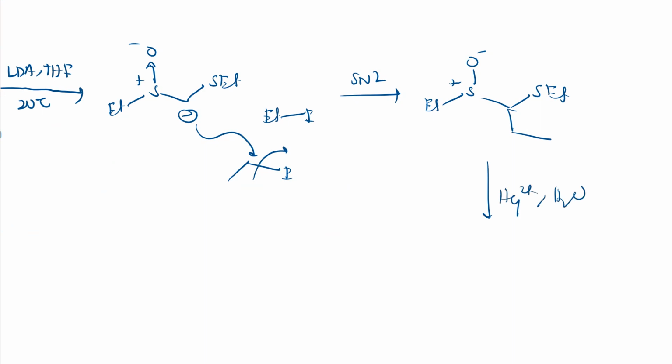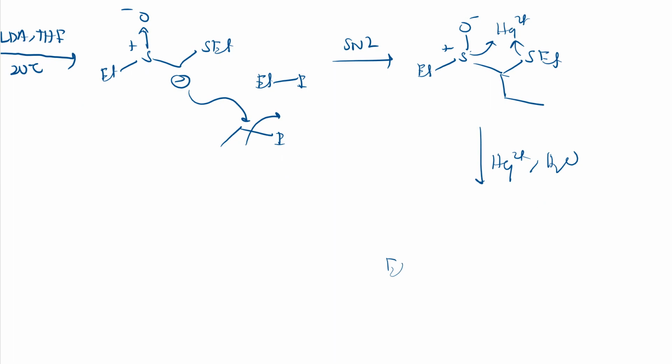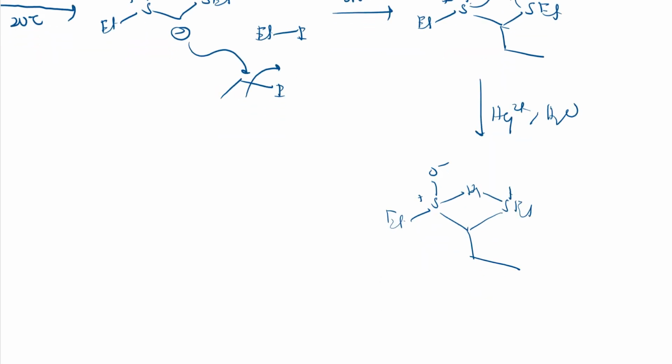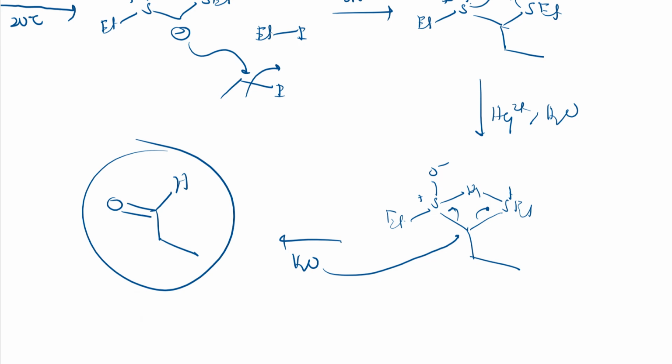I have told that Hg2 plus will react with these sulfurs, as sulfur has lone pairs, so I'll get this product: O minus, sulfur plus, Hg, Et plus. So same story, we do not need to write this mechanism. So directly if I treat it with water, H2O, this water will attack here, this bond will break, this bond will break. Let me write the product directly, so I'll get this thing, right?